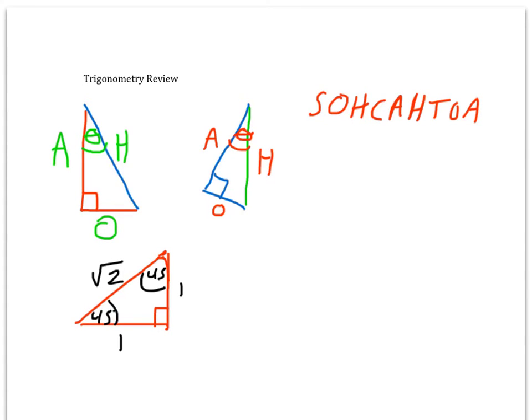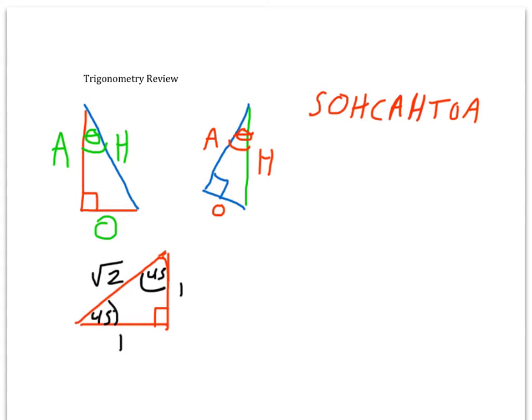You know from the Pythagorean theorem that 1 squared plus 1 squared, and take the square root of that, that's where this comes from. All right, so 1 plus 1 is 2, and the square root of 2. So that's one type that you should recognize, 45, 45, 90.